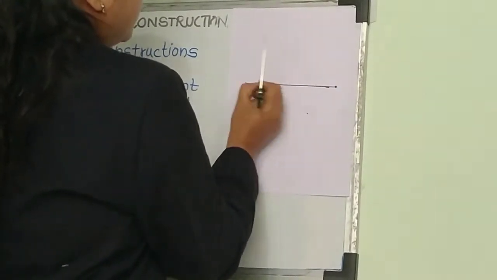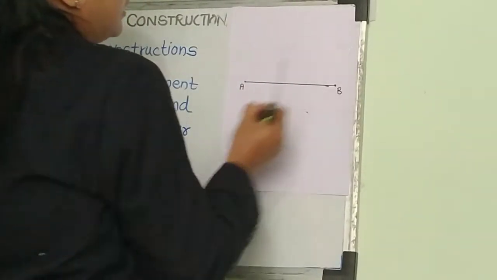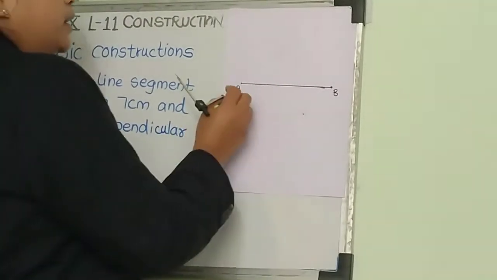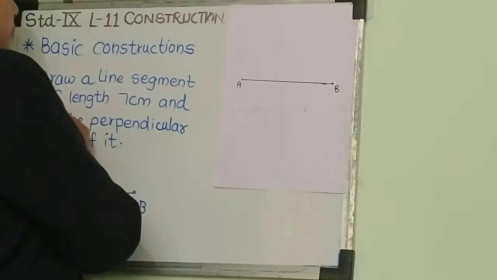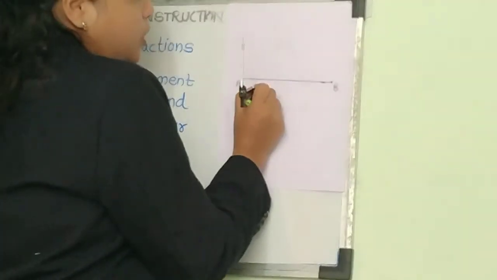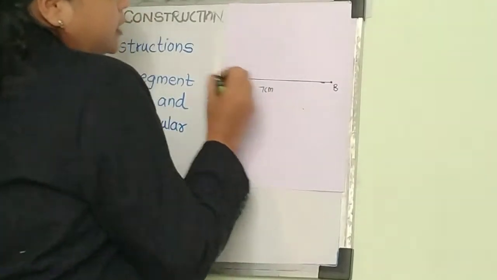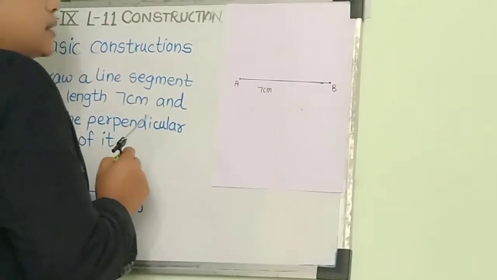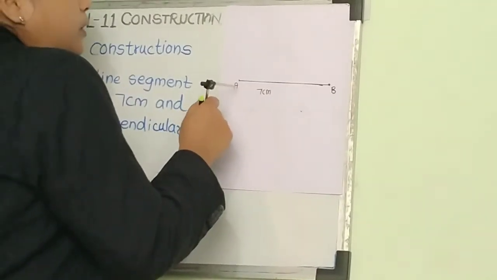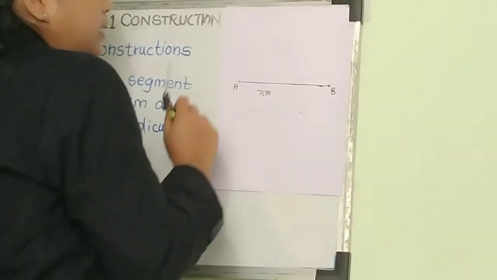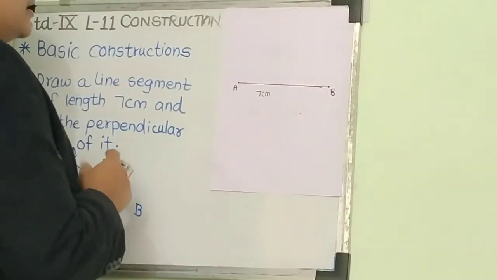Here I will draw AB, giving the name AB because we have been given the line segment AB of length 7 cm. So we can write 7 cm as the distance between A and B, and give the names A and B to the given line segment.